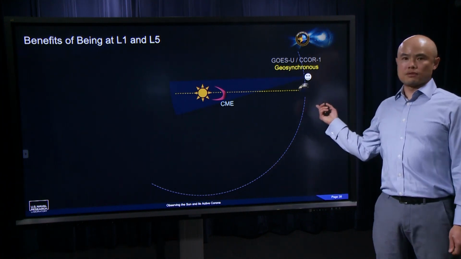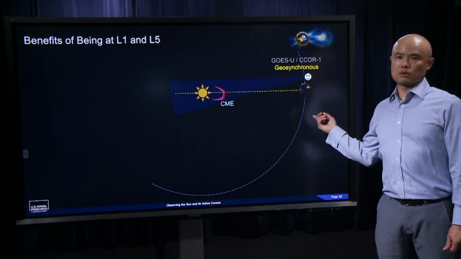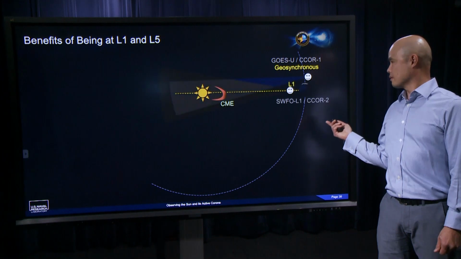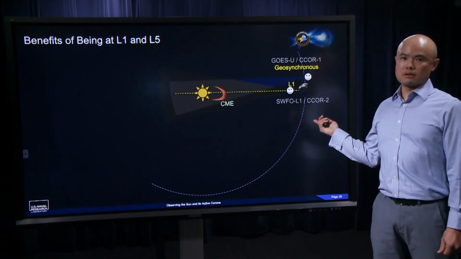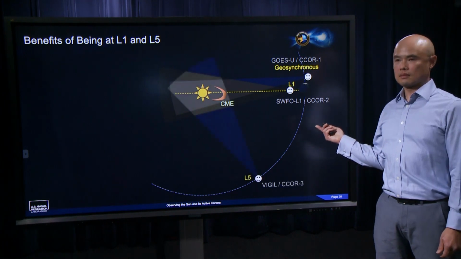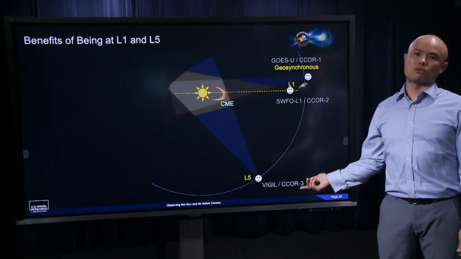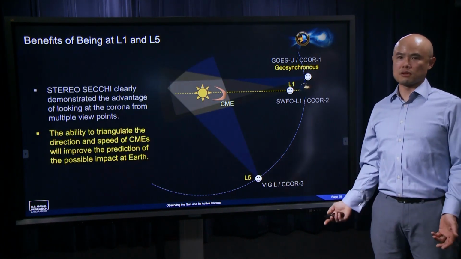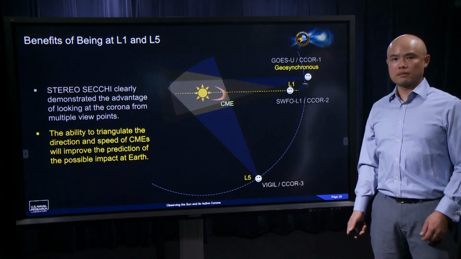CCOR-1 will observe the solar corona from geosynchronous orbit. When SWFO-L1 launches, we'll add another point of observation from the L1 point. Vigil and CCOR-3 will add a different side-looking perspective from L5.